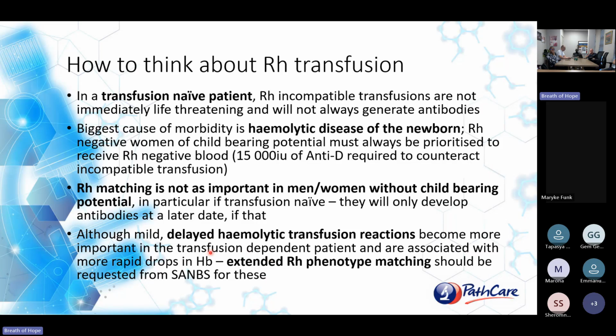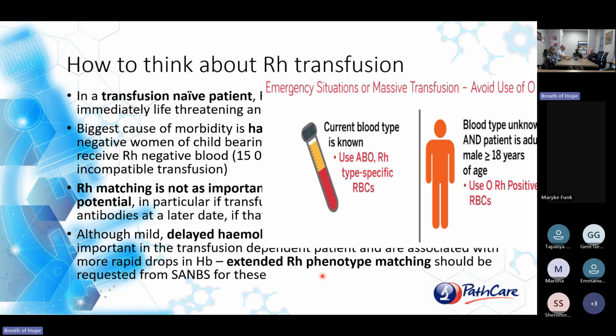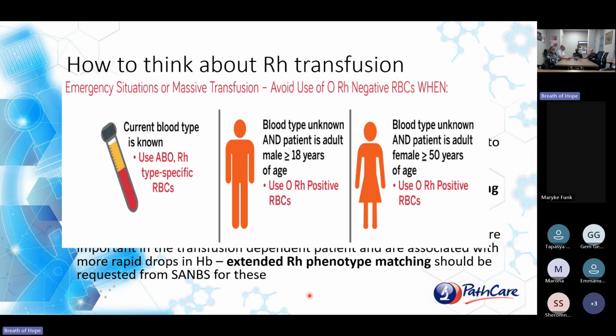It's more important in the transfusion-dependent patient where you want to do extended Rh phenotype matching, which you can request from SANBS.